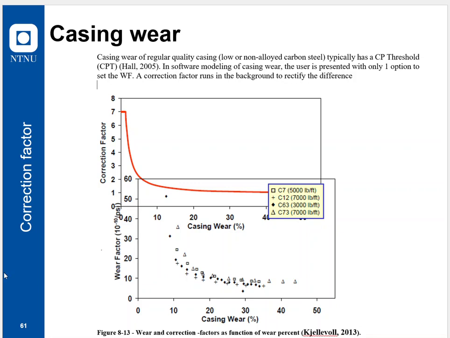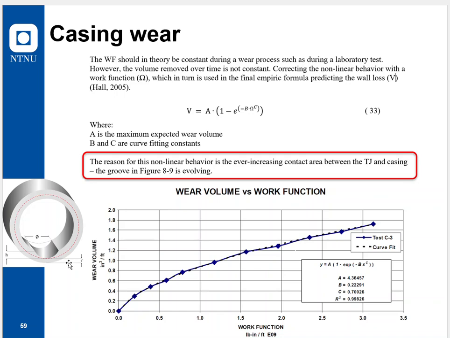And what we know is that since the casing wear, look at this picture on the right, it has like a groove inside the casing, and you can think about it when you initiate rotation, it's a point load because the pipe is resting at a point towards the casing.